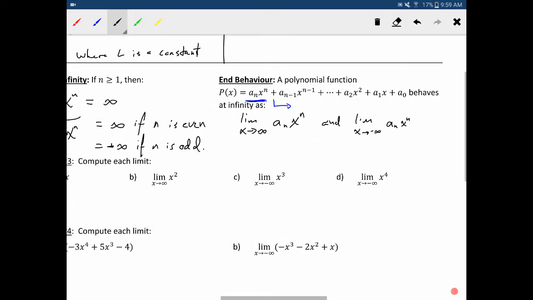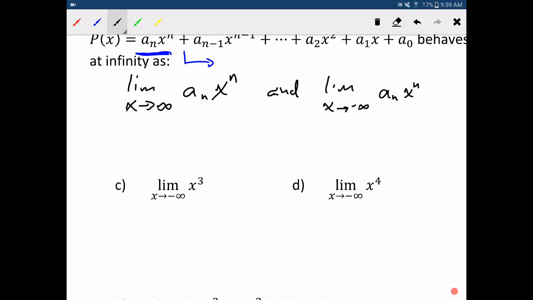Now, what's important here is this a_n. The actual number doesn't matter. All that will affect it is the sign. Normally, if it was x squared, then it would approach positive infinity, whether we're going to infinity or to negative infinity.